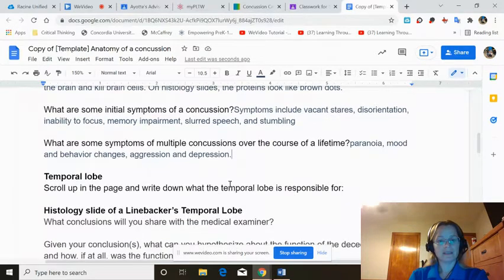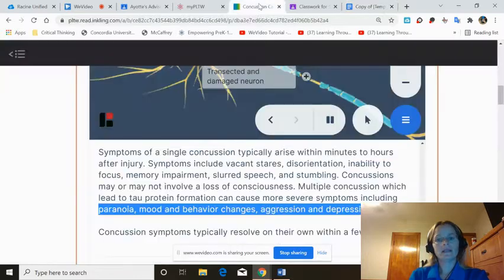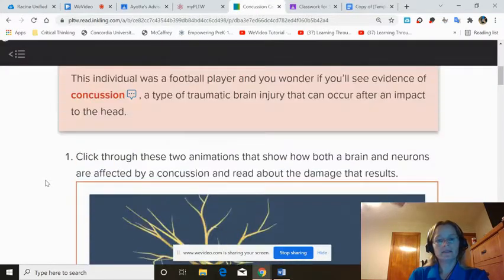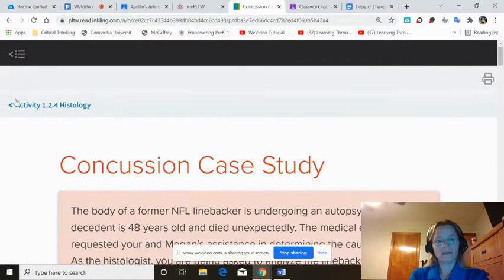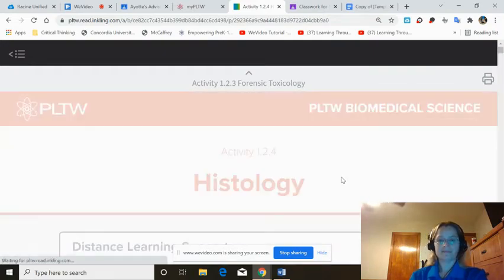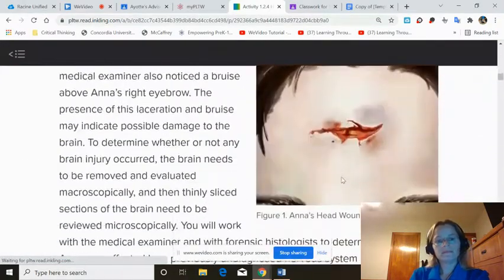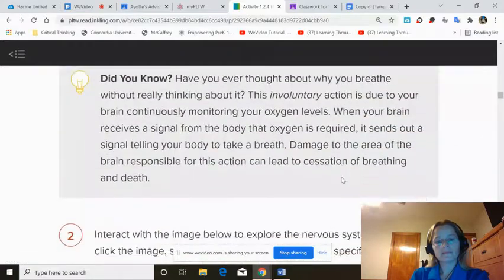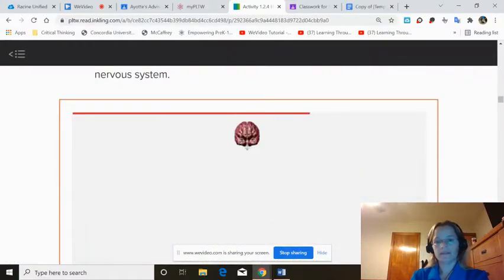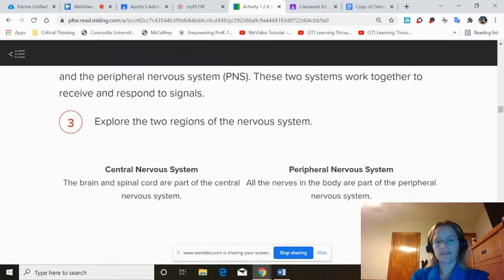All right, so let's see. The temporal lobe. Now this is back this way. Just scrolling to where the brain is, not the nervous system.